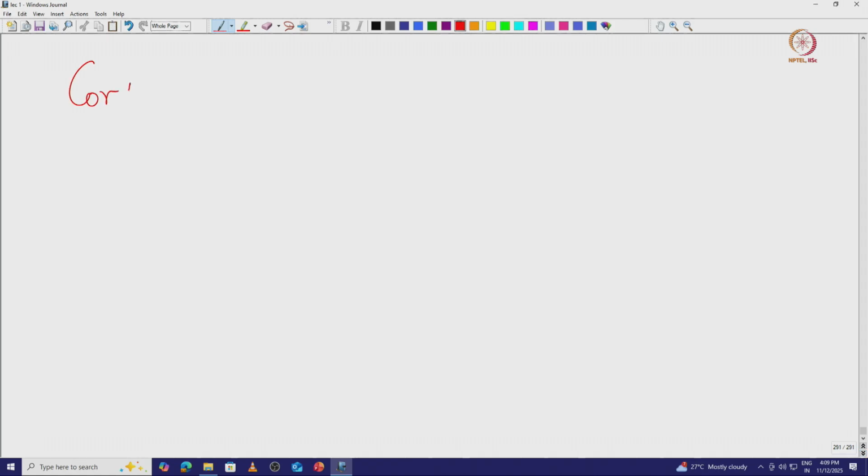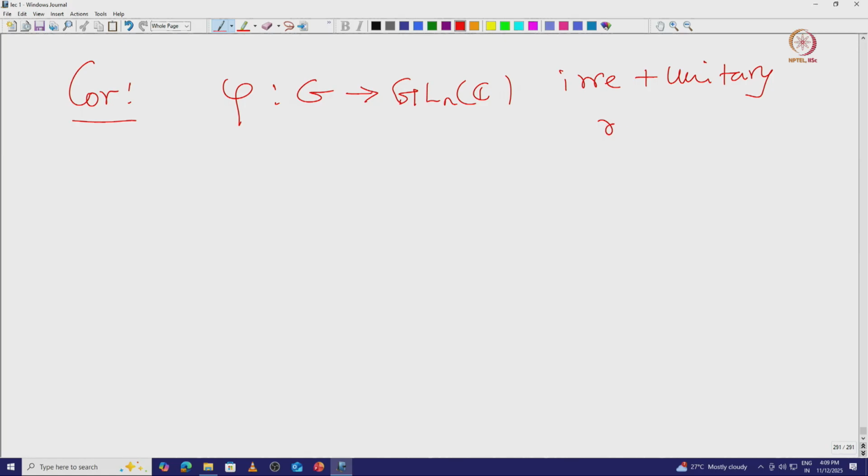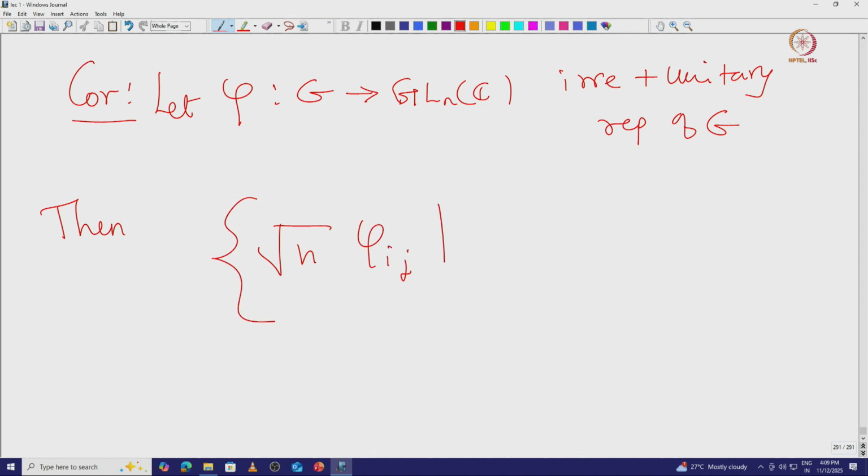So, as an immediate corollary, if we take φ to be a unitary irreducible representation of G, then it is immediate that if we take the square root of n times φ_ij, for all i, j running from 1 to n, this is going to be an orthonormal set.